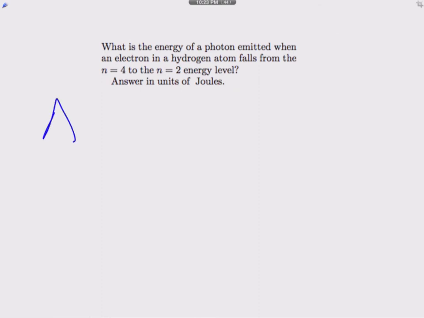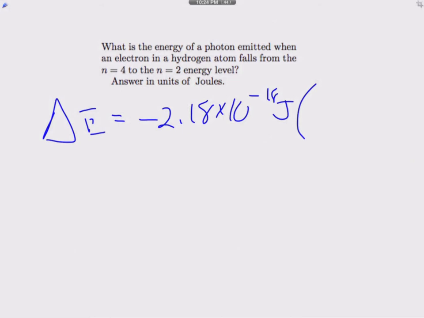So the Rydberg equation says that the change in energy is -2.18 times 10 to the negative 18th joules times 1 over the square of the final energy level, which is 2 squared, minus the inverse square of the initial energy level.